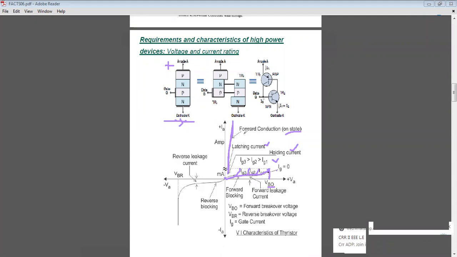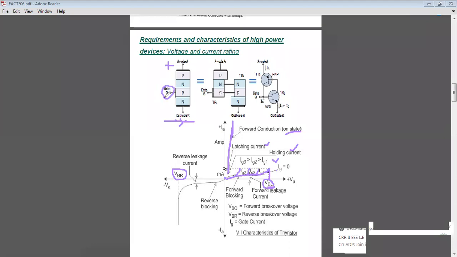So this is the forward conduction state, forward blocking mode, and reverse blocking mode, and breakdown occurs at this particular point. Definitely damage occurs to the thyristor. Here it will be turned on without any gate current, and by using different magnitudes of gate current, you can turn on the thyristor at the desired value. So turning on the thyristor is in our hand.